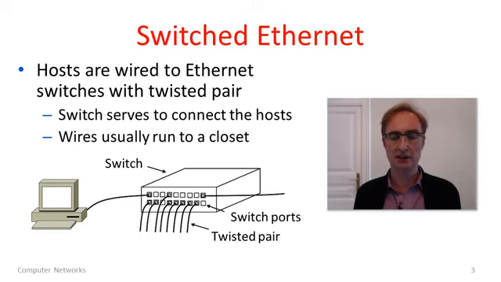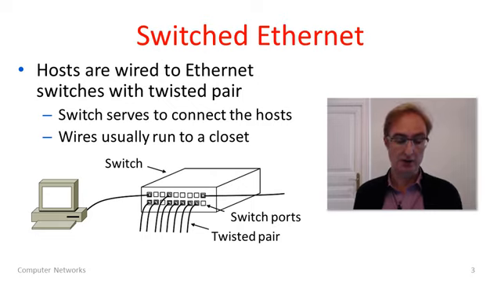Let's just drill down in a little more detail. So the scenario is like this. Inside your building, your home, your office, the campus, you have different hosts, and these hosts are connected via a twisted pair cable typically, to a box called a switch. This switch has many ports, so you can connect many different hosts to it.